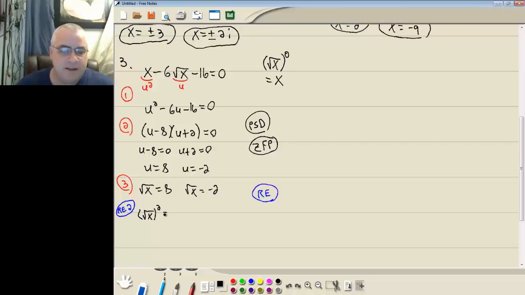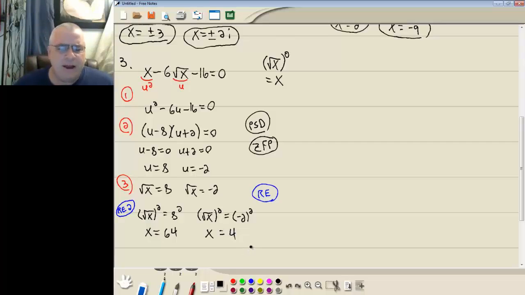So we'll square that, and we'll square the 8. We'll do the same thing on this one. We square the square root of x, and we square the −2. Well, these are going to cancel and give us x = 64. In this one, these cancel, gives us x, and (−2)² is 4.